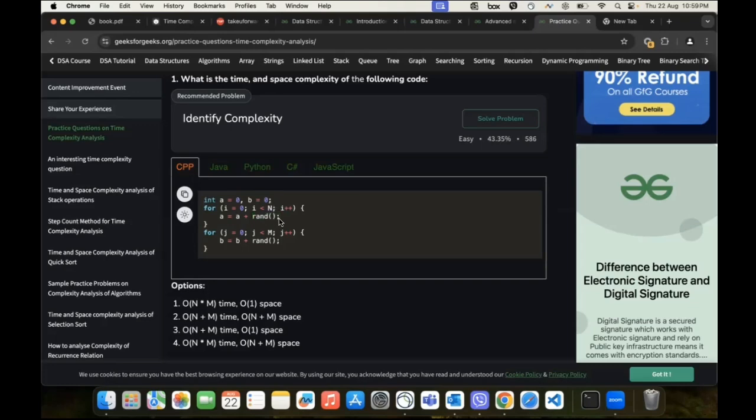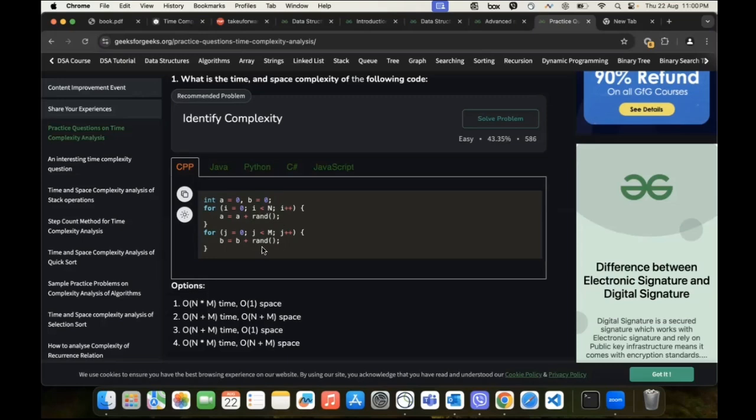And the second loop also runs m times. So total is n plus m into the time complexity of random. But it is not in the options, because random's time complexity is order of one only.